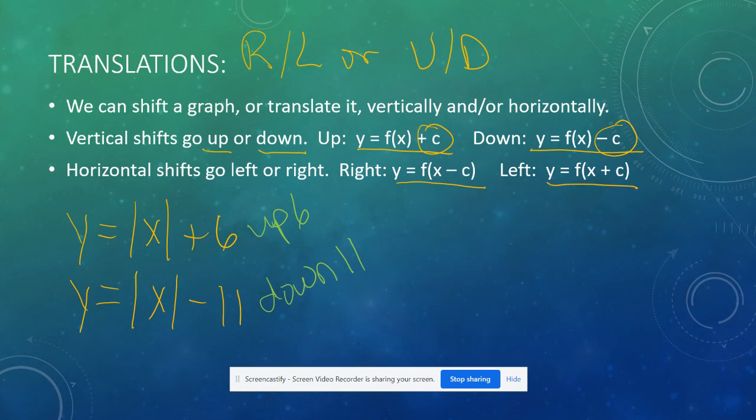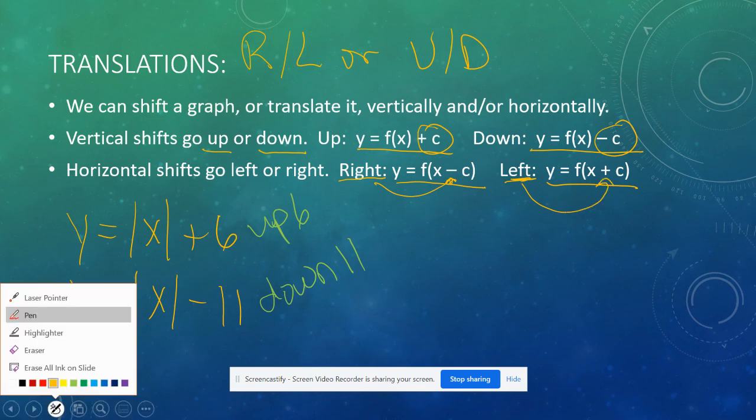Right and left are going to be when we add something inside directly touching x. And notice that right has a minus and left has a plus. They're opposites of what we would think.